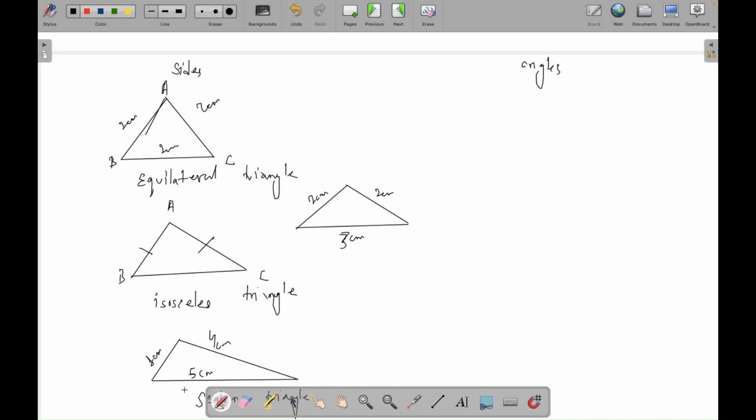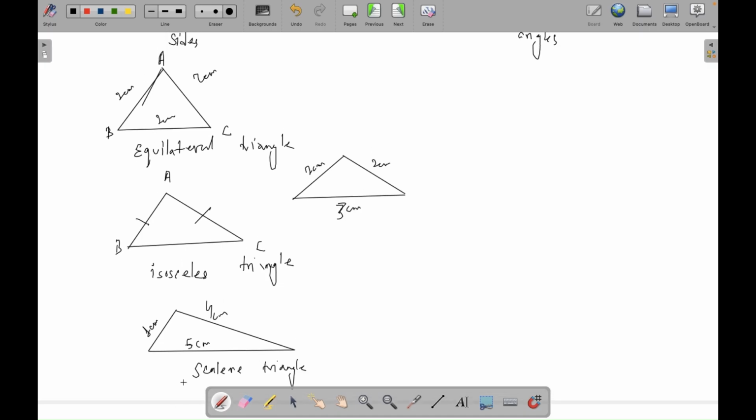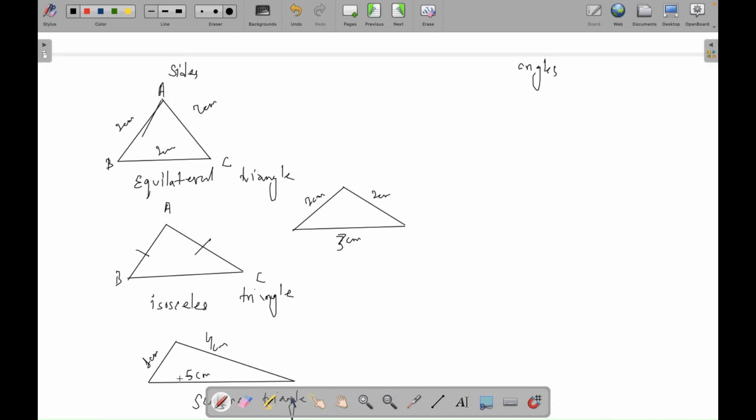So that is why it becomes a scalene triangle. Okay, is this clear? Do you have any doubt? Okay, I assume no doubts.